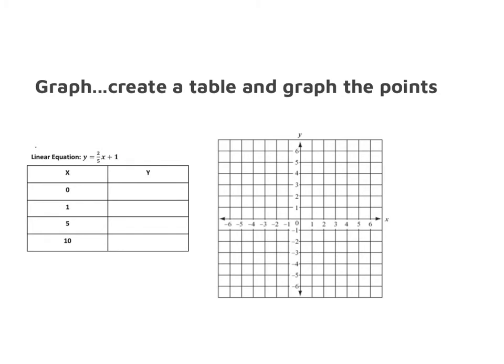So this is a situation where our coefficient of x is a fraction, 2/5. And if you remember last time we talked in class, we said that when we have a fraction, we like to pick x values that are multiples of the denominator.